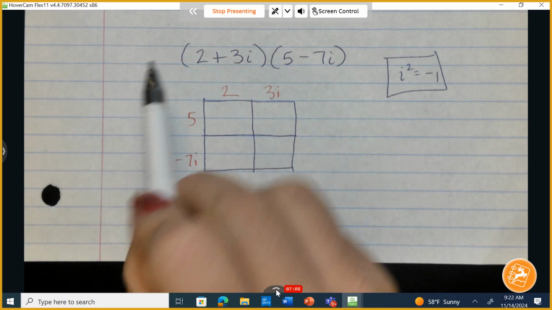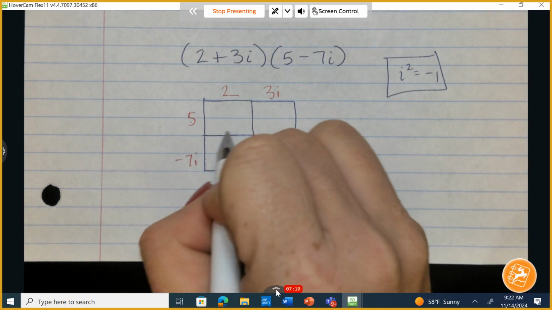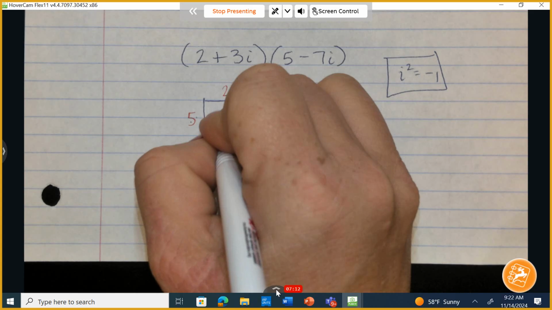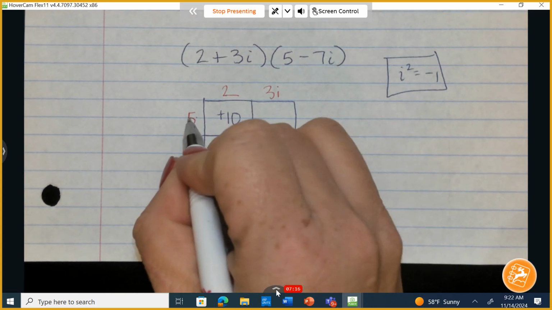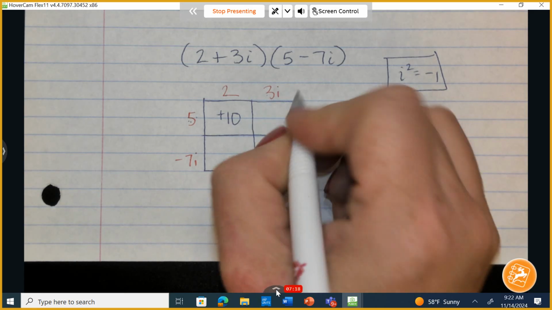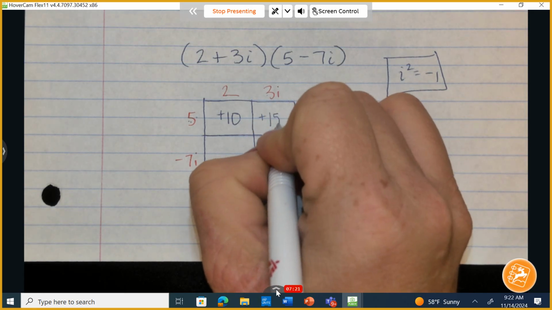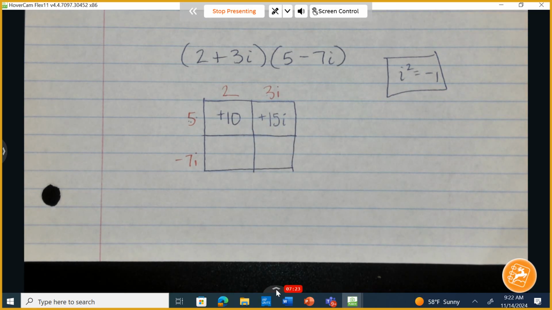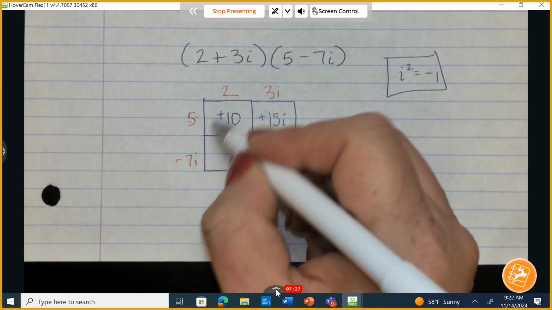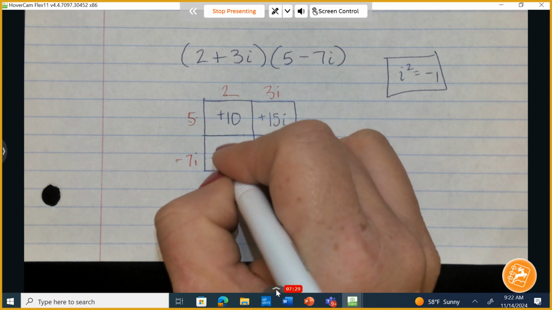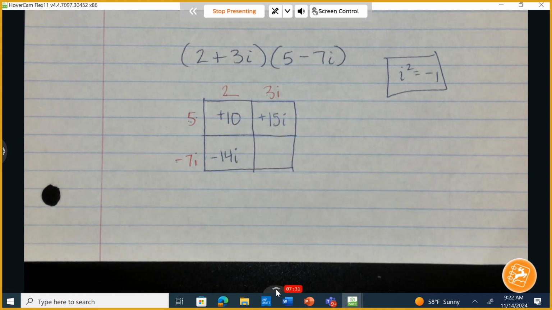So I'm going to get started by multiplying. 5 times 2 is going to go into this space. 5 times 2 is a positive 10. Into this next space is a positive 5 times a positive 3i, which is a positive 15i. Our next spot is going to be a negative 7i times positive 2, negative 14i.